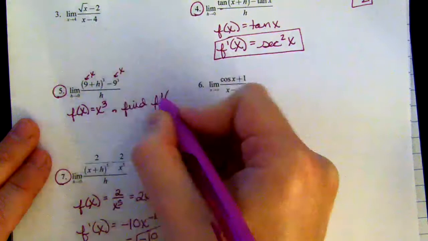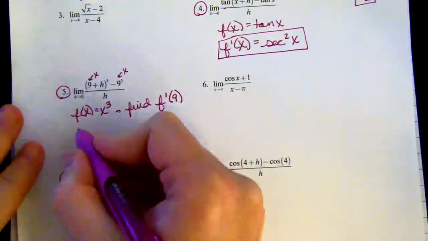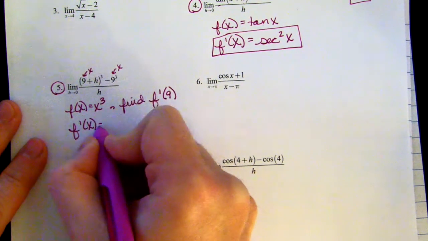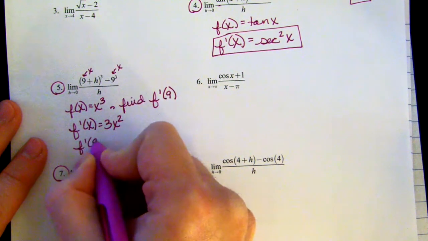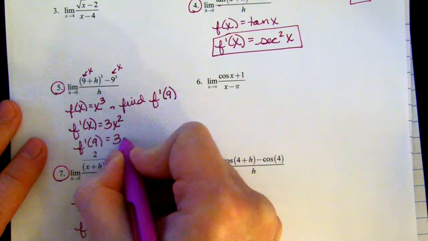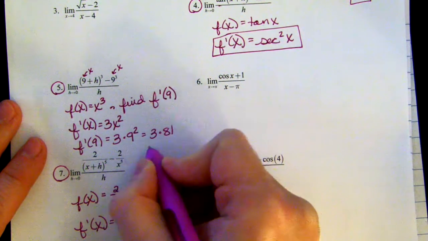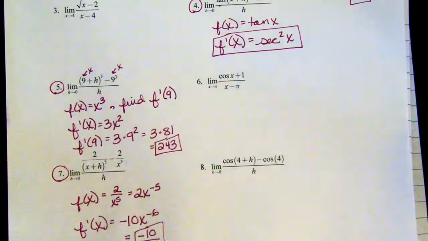A 9. I want to find f prime of 9. Go find your derivative and then plug in 9. F prime of x equals 3x squared. F prime of 9 is going to equal 3 times 9 squared. 3 times 81, I think that is 243. 243.